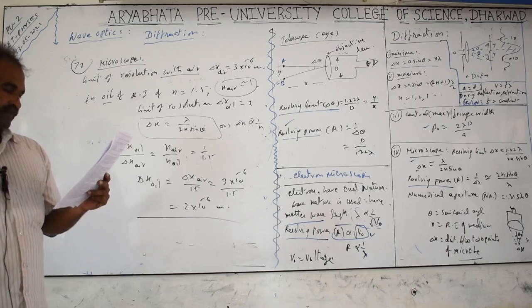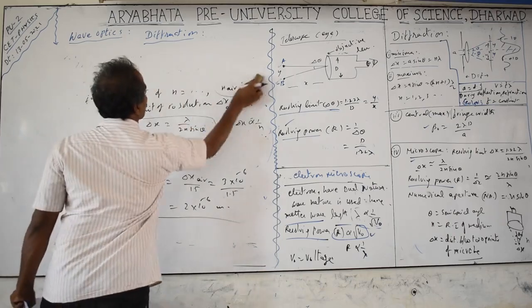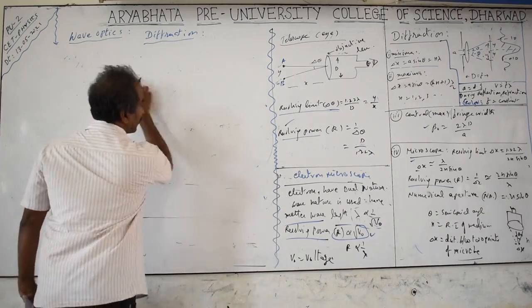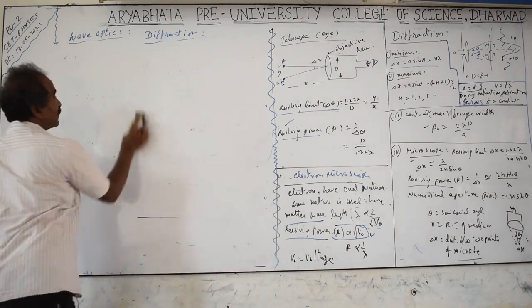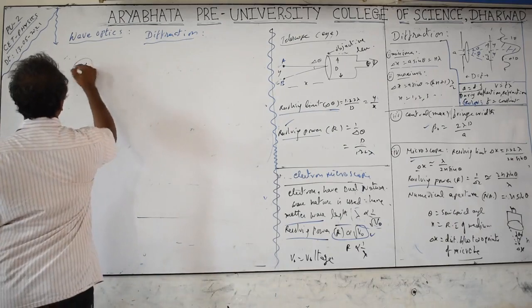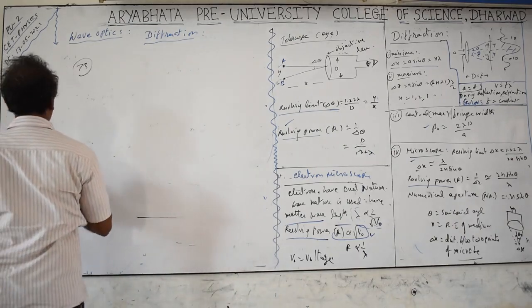Next is 73. It is for a telescope. The telescope has an aperture of 1.4 meters.